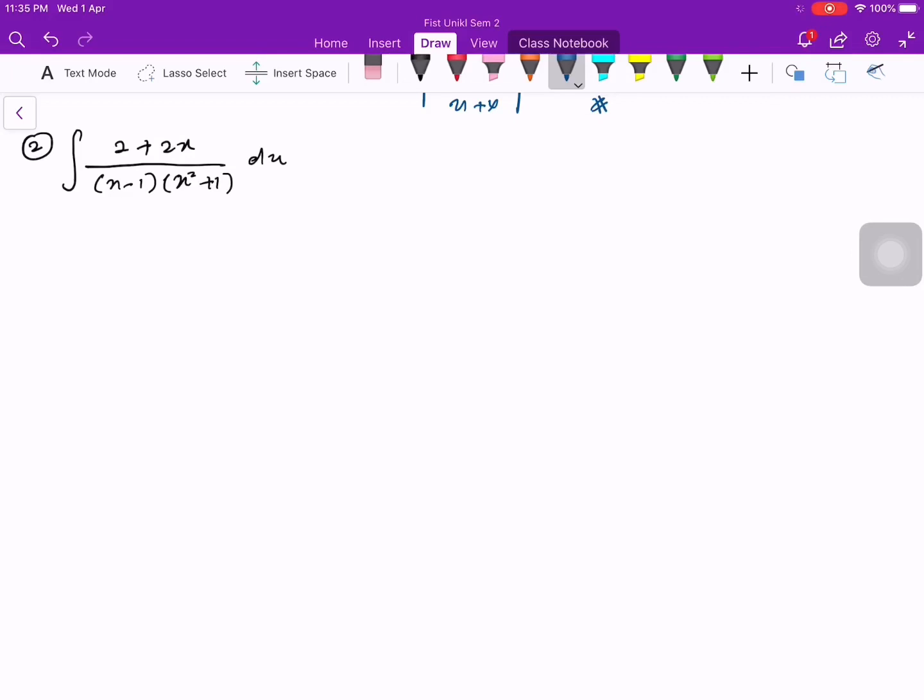Okay, let's continue with the second example, where we have the function 2 plus 2x over (x minus 1), and a second factor which is x squared plus 1.